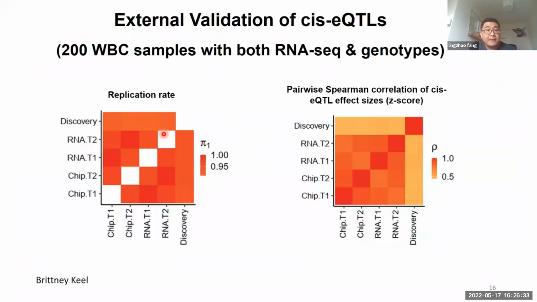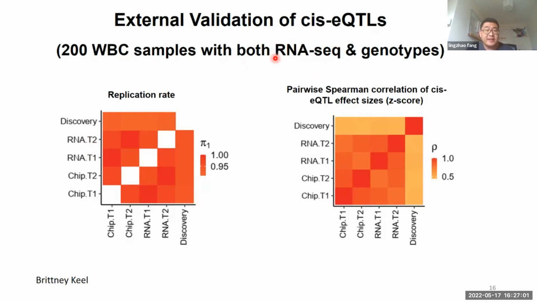And the next step, we start looking at data we never touched before. That's called external validation. The first dataset is the RNA population, including 200 individuals. They collected RNA-seq from whole blood cells at 2 time points, denoted as T1 and T2.